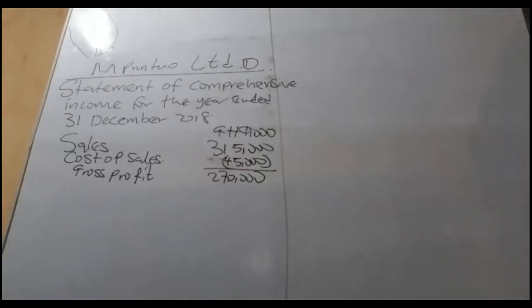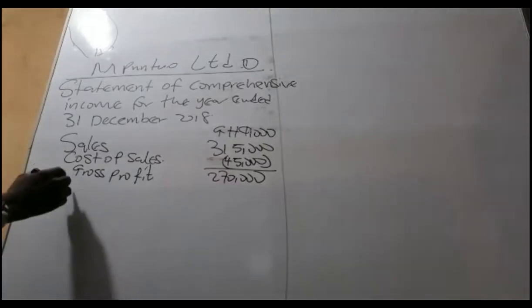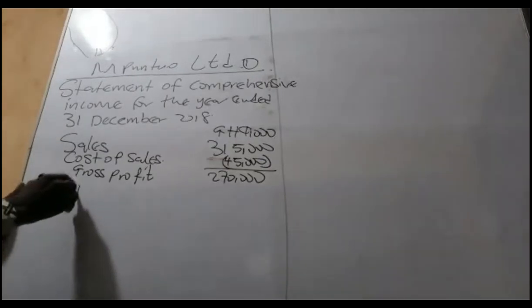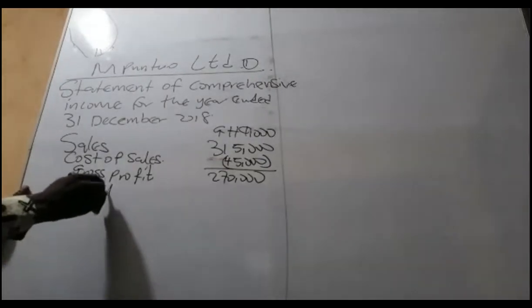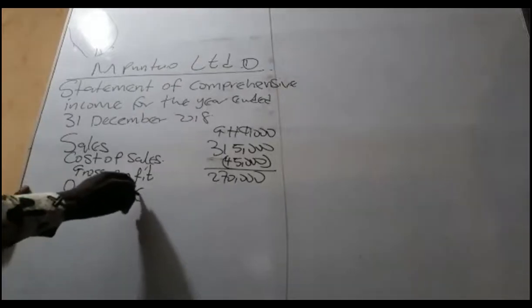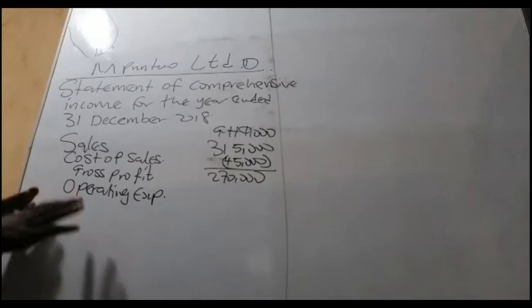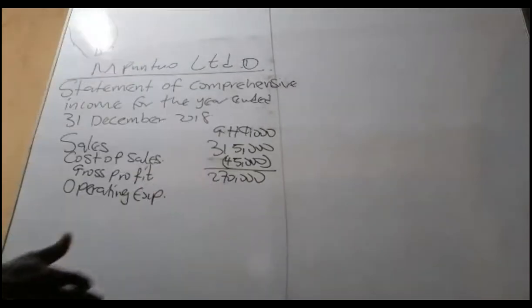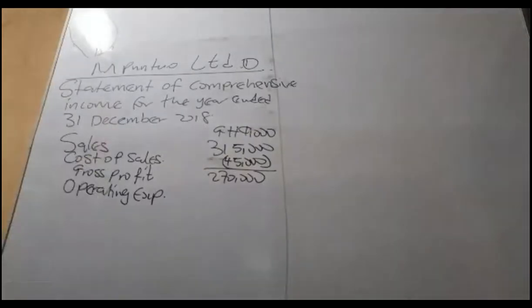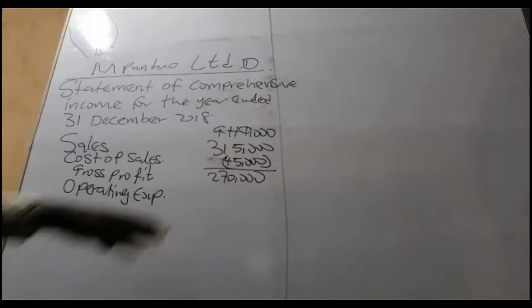Perfect. So where do you go to? Yes, I like that. In fact, you had it correct. Operating expenses. We said that we have to do one workings, assemble all the operating expenses together in one single workings and bring them here.